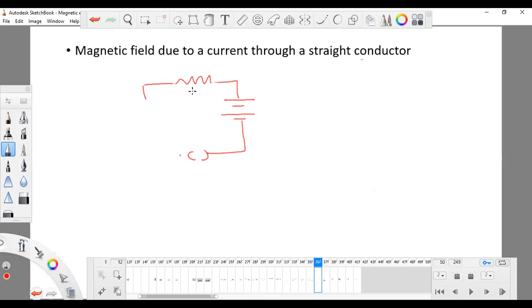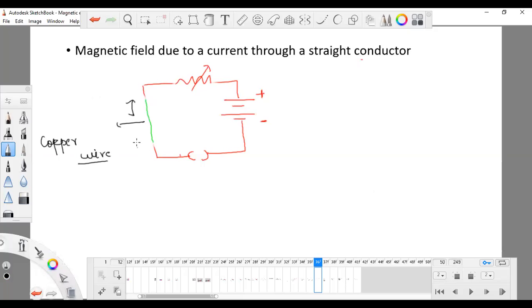I will tell you what a rheostat is. This is a rheostat. It does not need to light a bulb, so this will be positive and this will be negative. If I am using a copper wire here, this is a copper wire, and this copper wire is in a straight position.